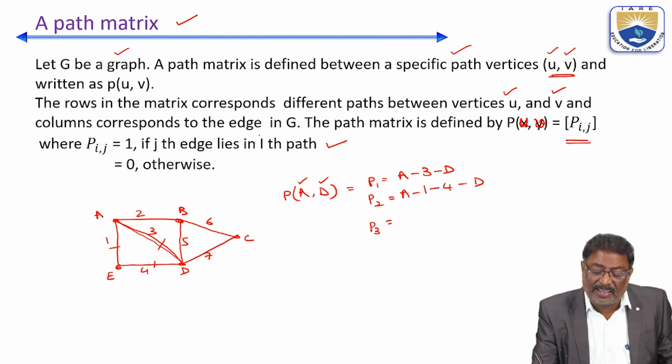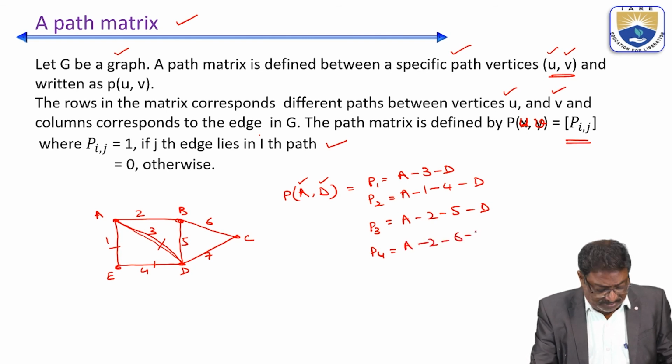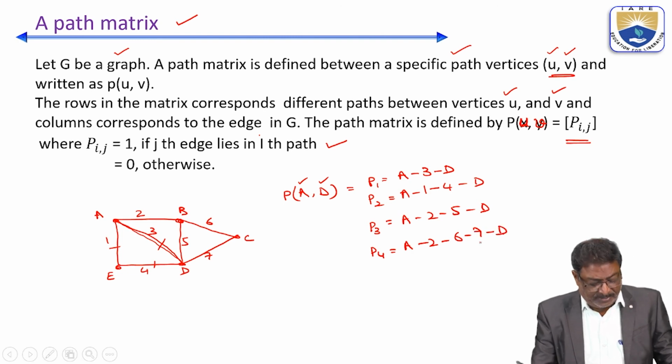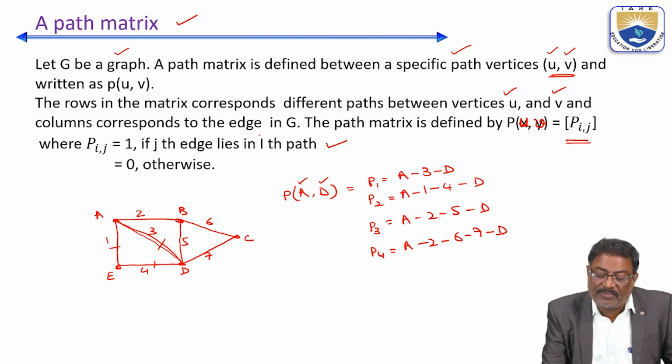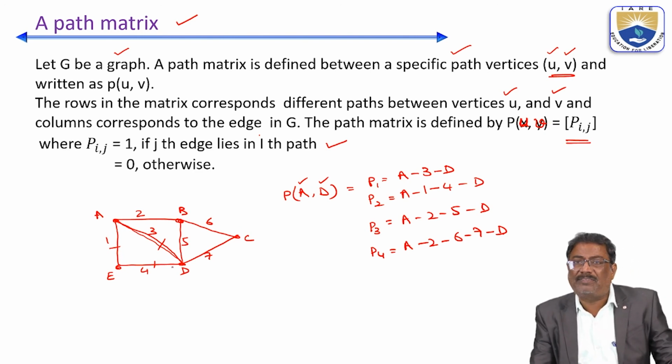Then P3 is, let us say, A, 2, 5, D. And P4 is A, 2, 6, 7, then D. So there are only 4 paths that exist.